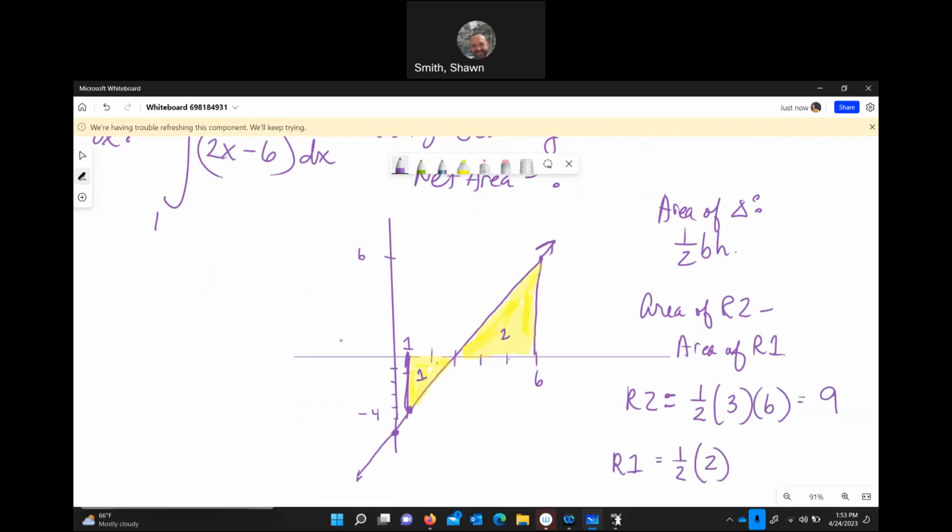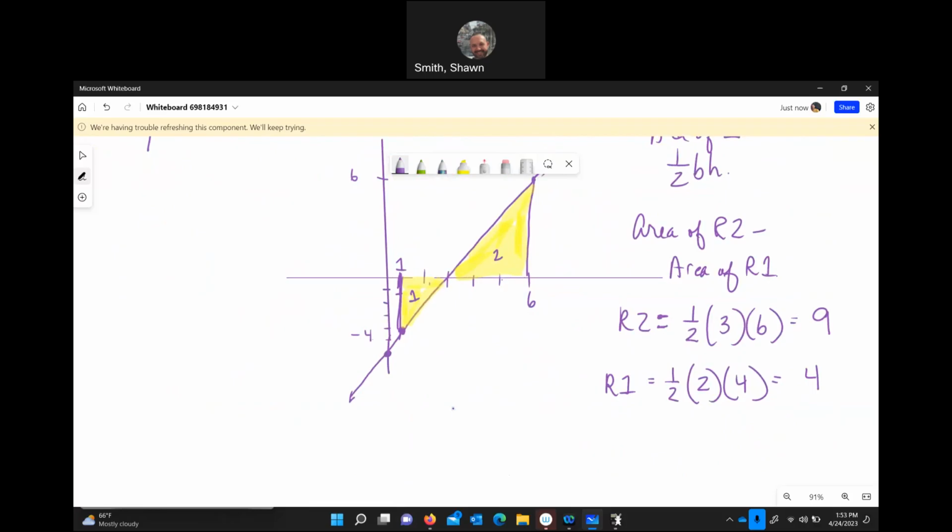Well, it's not really height, it's going down, but that is 4 units down, right? So that's 4. So 1/2 of 8 is 4. So the net area is 9 minus 4, which is equal to 5.